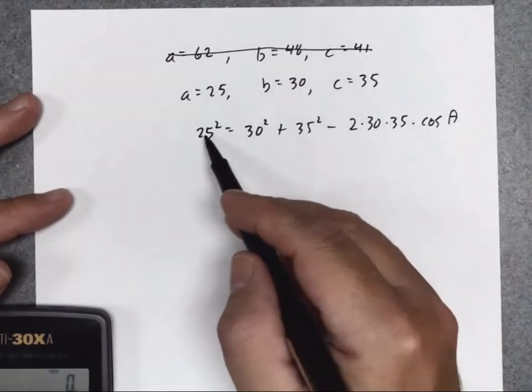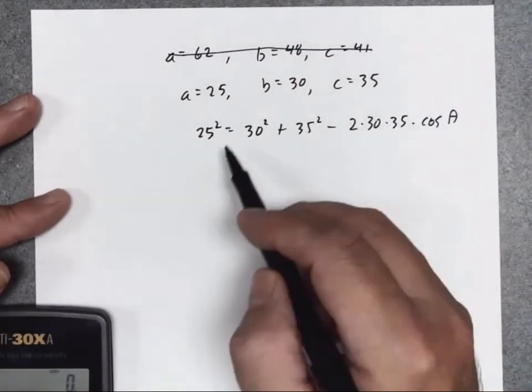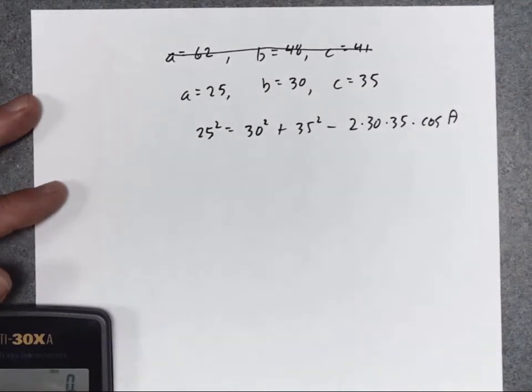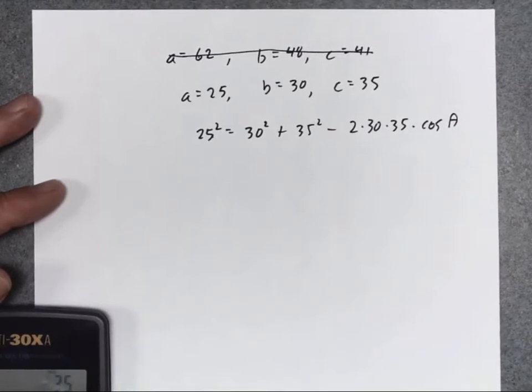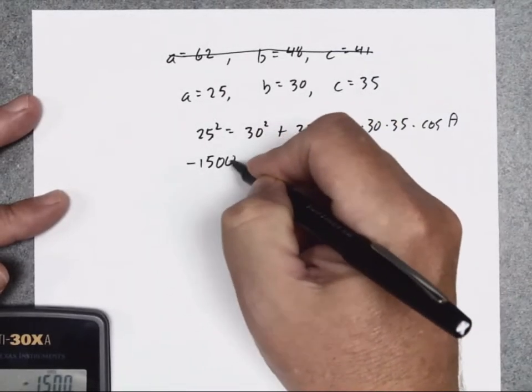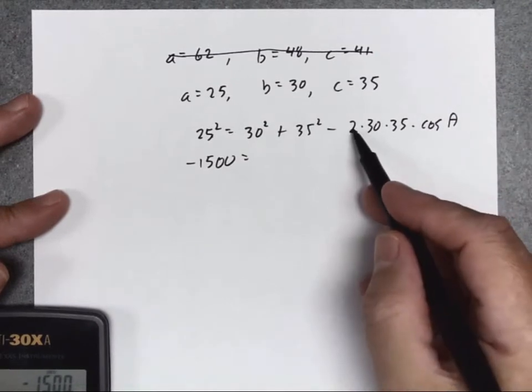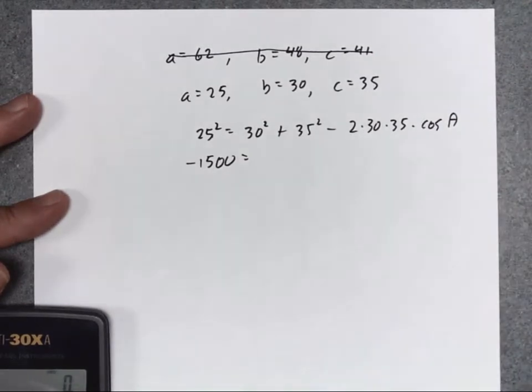Let's go ahead and take 25 squared. Let's move the 30 squared and the 35 squared over to the other side. So I'm going to have 25 squared minus 30 squared minus 35 squared. I end up with a negative 1500. And let me multiply 2 times 30 times 35.